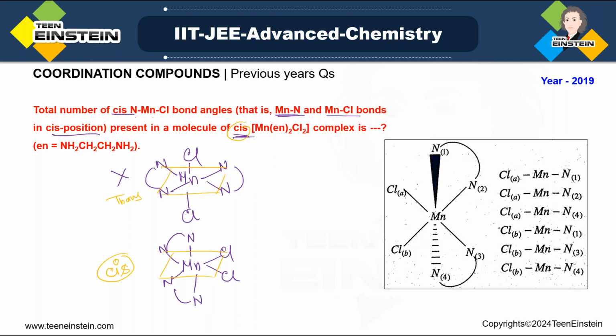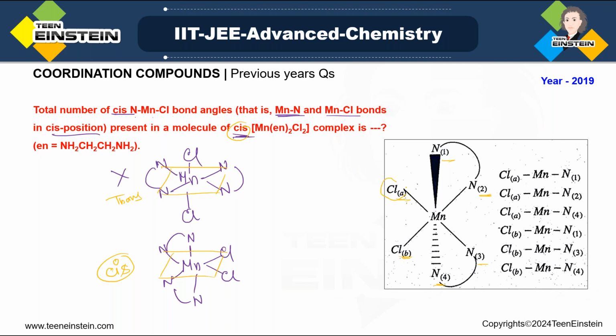You have to do it like this: here we have nitrogen number 1, number 2, 3 and 4. It is up to you how to number, but you have to do the numbering. As we have used numbers for nitrogen, you can use letters for chlorine, otherwise there will be confusion. Letters for chlorine, numbers for nitrogen.